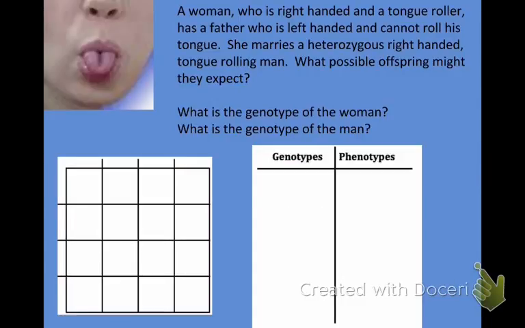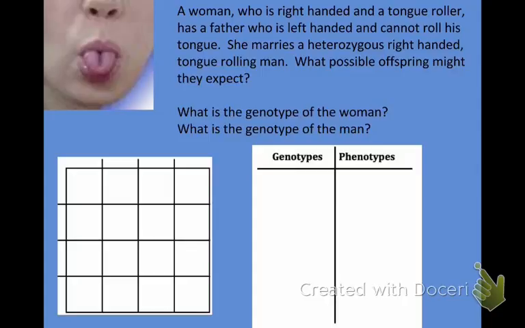Here's another practice problem. A woman who is right-handed and a tongue roller has a father who is left-handed and cannot roll his tongue. She marries a heterozygous right-handed tongue-rolling man. What possible offspring might they expect? So what is the genotype of the woman?